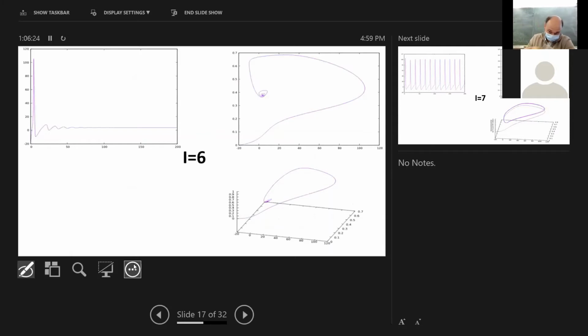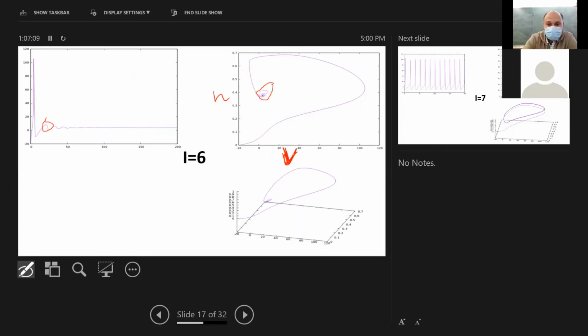Okay, now this changed a little bit. What did I change here? Yes, from 0 to 6. So for I equals 6, it's a little bit different. I'm still going to the stationary solution, but I have this kind of thing, you see? And here in the projection, again, let's say it's n. I don't know if it's n or m, but here I know it's v, because m, n, and h belong to 0, 1.